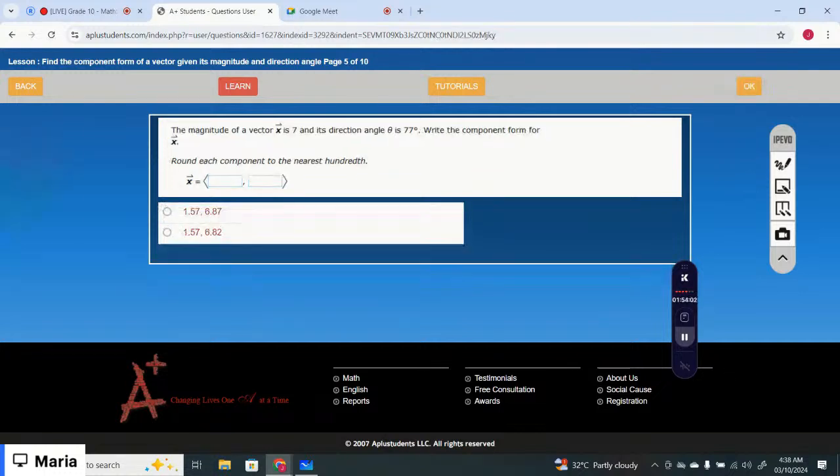The next one is the magnitude of the vector x is 7 and its direction angle is 77 degrees. Write the component form of x. So which is the correct option? You need to write down the component form.